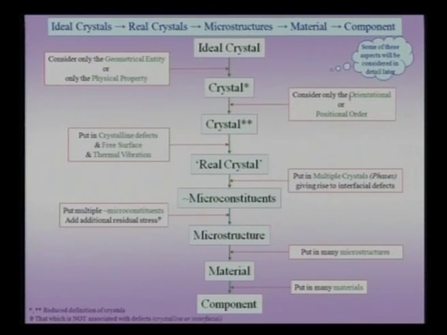Then I can go from what you might call a reduced definition of a crystal to a real crystal, wherein I introduce crystalline defects, and we will have entire chapters devoted to crystalline defects. And we also need to note that we always have a finite crystal, we never have an infinite crystal in reality, therefore we have to introduce free surface. And the third thing, which is thermal vibration.